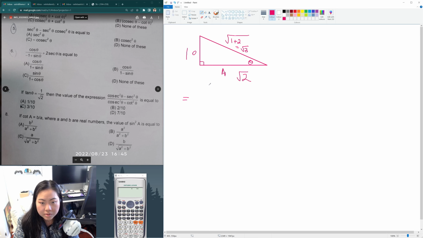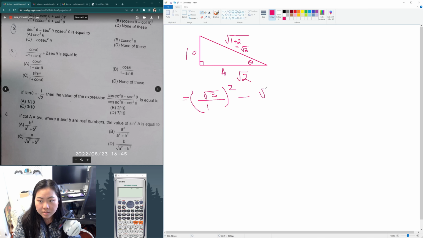Sine would be opposite over hypotenuse, right? So then cosec would be hypotenuse over opposite. So that would be root 3 on 1 all squared, because it's squared, minus sec, which is the inverse of cos, which is adjacent over hypotenuse.